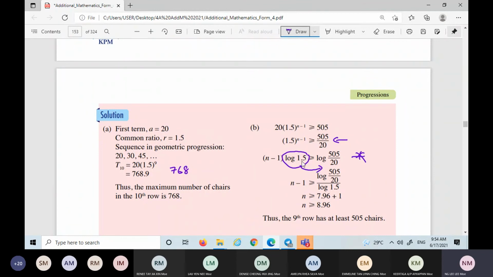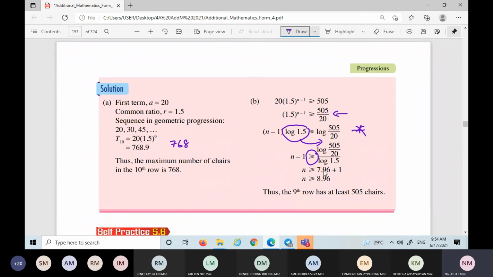Here log 1.5 is positive, so no problem, the direction of the sign no need to change. But if this log is negative, when you move to the other side, by times or divide, remember you have to change the direction of the sign. I don't know where I can get you an example, but I mention it here so that you remember next time: be careful with inequalities involving log.